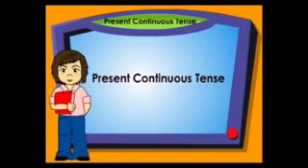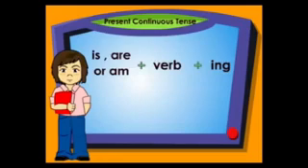Hi there! In this lesson, we are going to learn about present continuous tense. Present continuous tense is used to show an action is still going on at the time of speaking. Present continuous tense is formed by adding is, are, or am to a verb ending in ing.